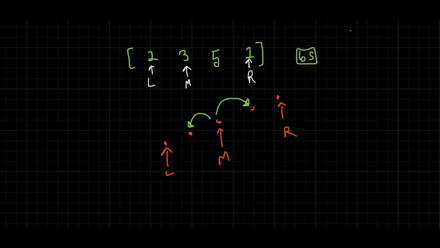How can we do so? Suppose we look at this element. Now it is greater than its previous element, but it is less than its next element. Now, for this last element, by definition, it is a peak if its previous element is less than it, because its next element is minus infinity. That's why the last element is greater than both of its neighbors.